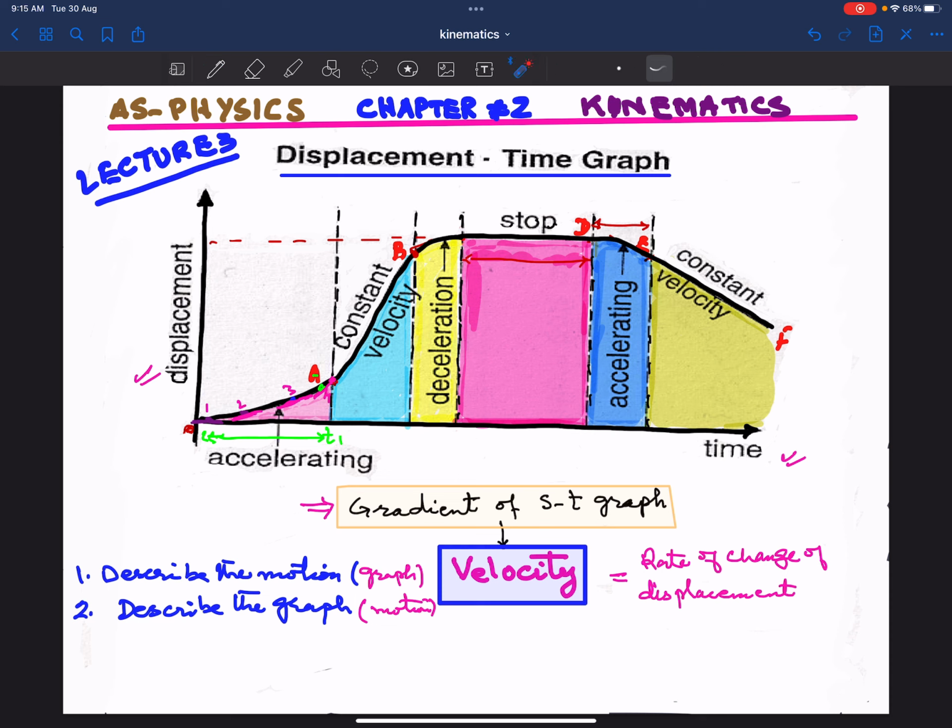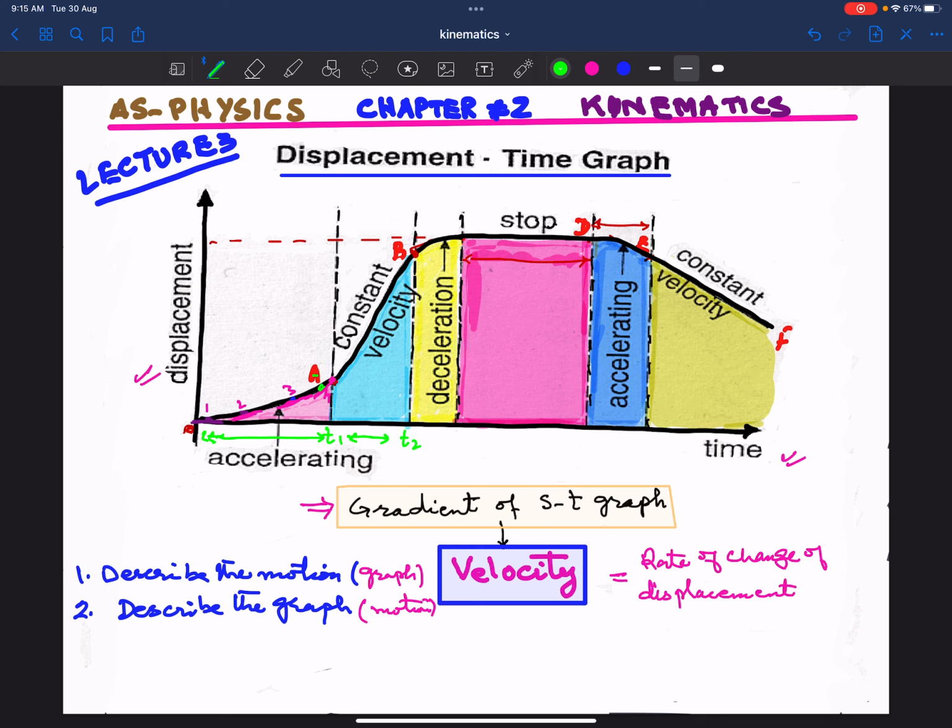When you have a straight line, the gradient is constant throughout this part from A to B, and when the gradient is constant, the velocity is constant. If this time is T2, then in between time T1 and T2 the body is moving with constant velocity.